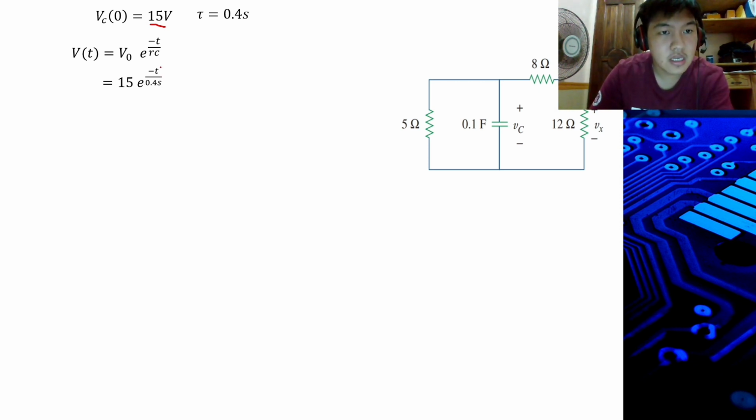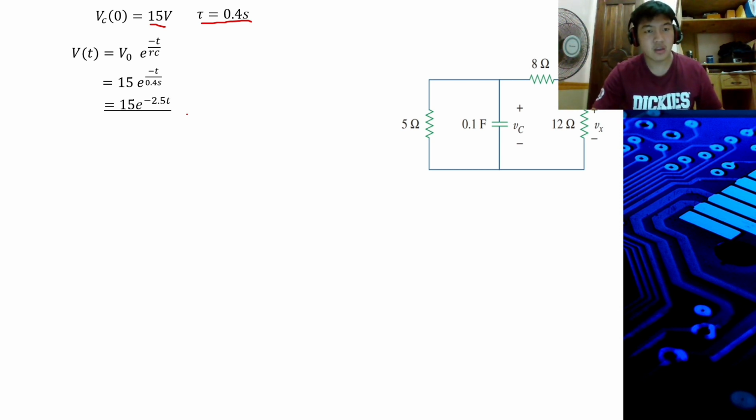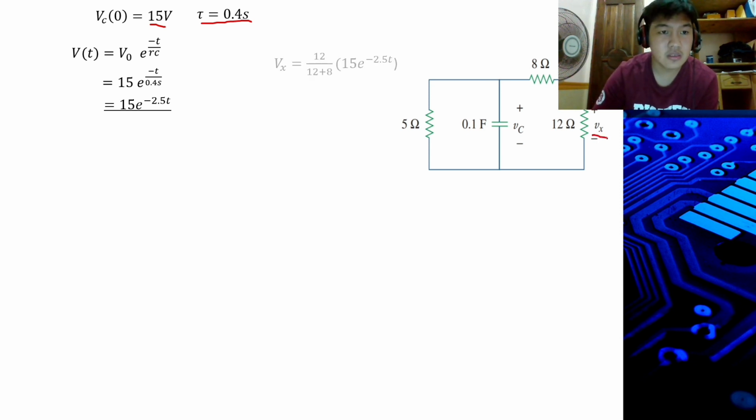So E raised to negative T over 0.4 seconds, which we got earlier. If we simplify, we can get 15 E raised to negative 2.5 T. And now we can find the Vx.